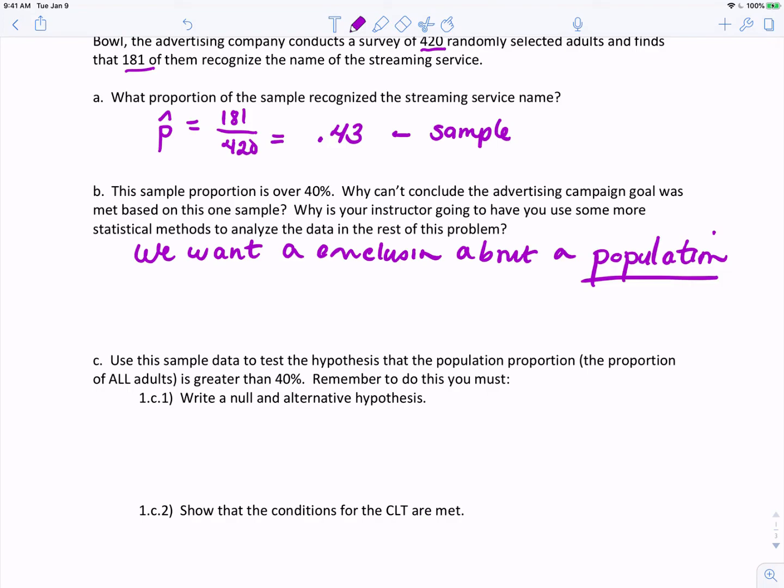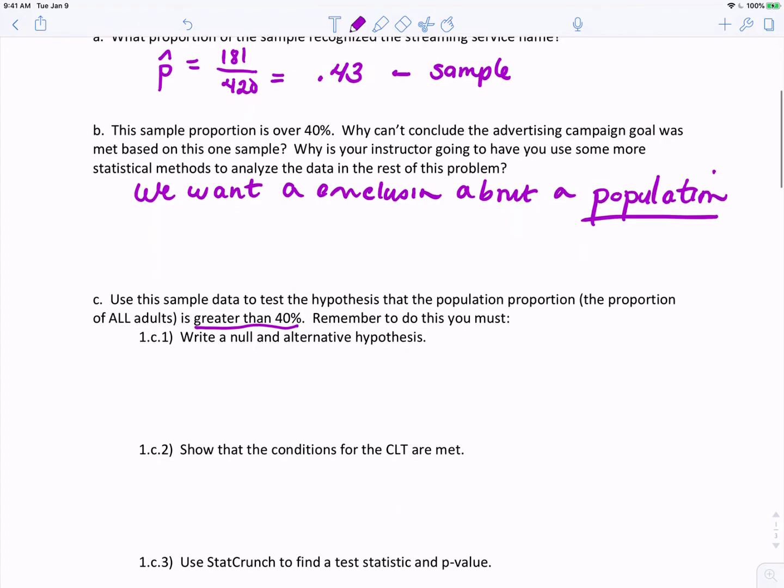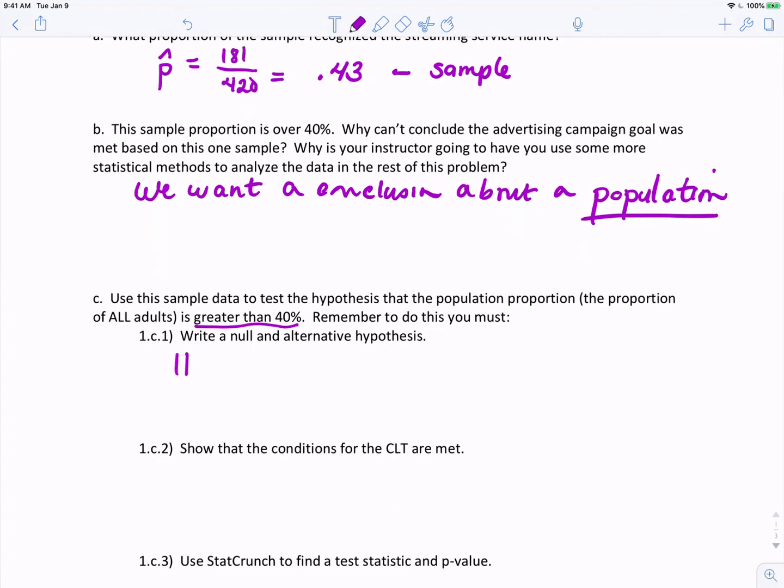Use the sample data to test the hypothesis that the population proportion, in other words, the proportion of all adults, is greater than 40%. So we're going to walk through this step by step. First, we're going to write the null and alternative hypothesis. So we want to figure out if the population proportion, which we call P, is greater than 40%.